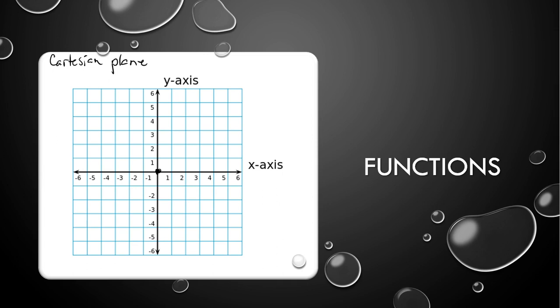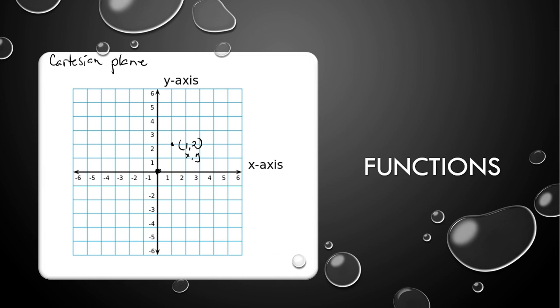For example, if we have 1 and 2, this is point (1, 2). As you can see, we have a pair of numbers. Then the pair of numbers is called the x and y coordinate. In your GPS, in our maps, we always use coordinates, the latitude and the longitude.